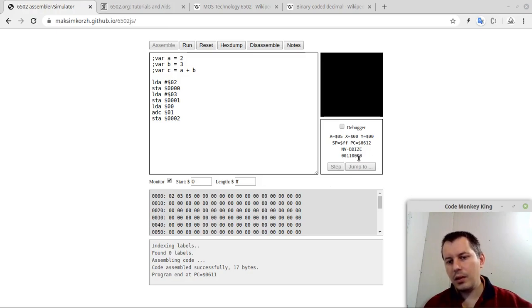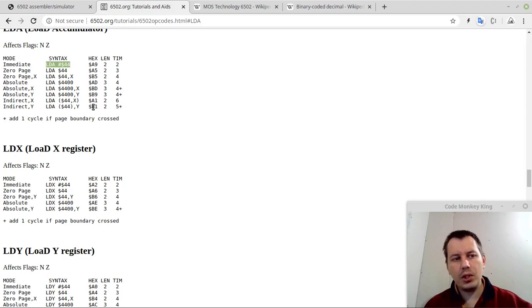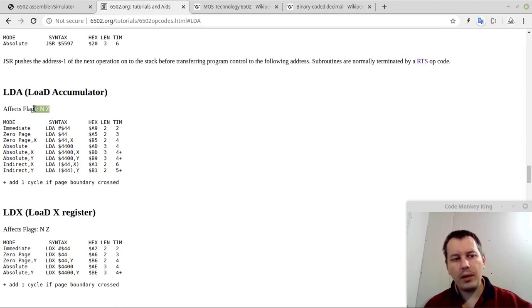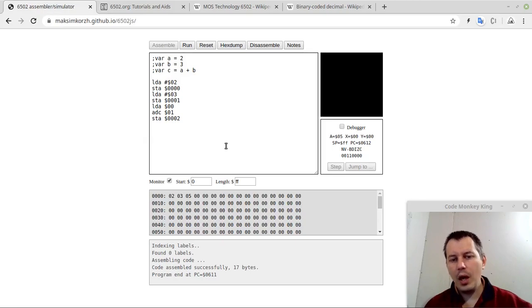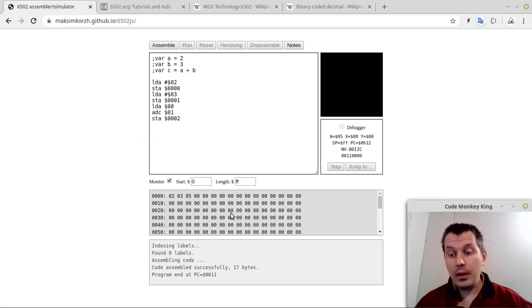The flags get affected by some instructions, and the documentation always clearly states what kind of flags can be affected if a certain instruction occurs. It's impossible to remember everything, so if you are interested in figuring out what flag gets affected, you can always see this in the documentation for every single instruction.